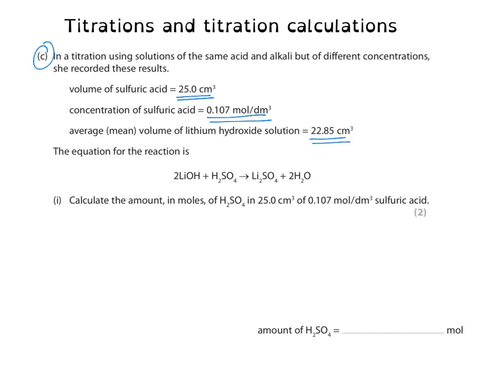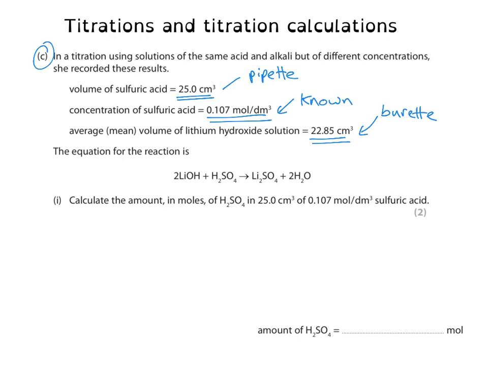And that's because we know the concentration of one substance. In this case, we know the concentration of the acid. We know the volume of the acid because we used a pipette, and I know we used a pipette because that's an exact number, 25.0. And then we'll know the other solution's volume because we would have added it using a burette, and therefore I've got two volumes, one concentration.